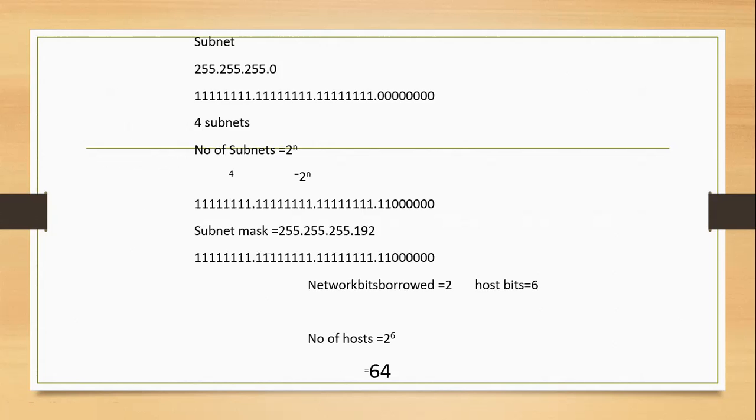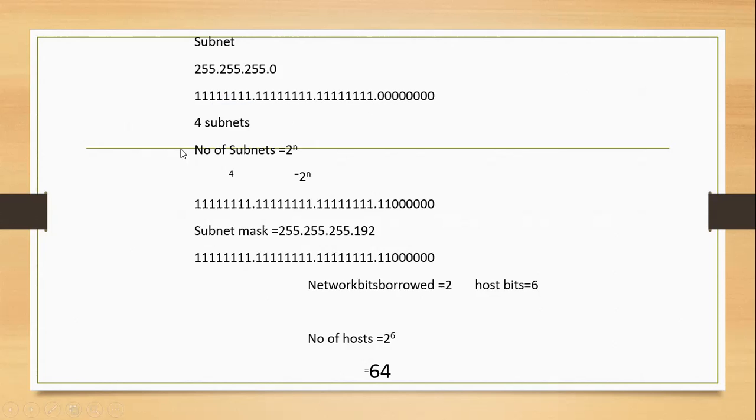Let's consider the subnetting. As it is class C, the default mask is 255.255.255.0. For that you can write 11111111, that is 8 ones, and then 0s.